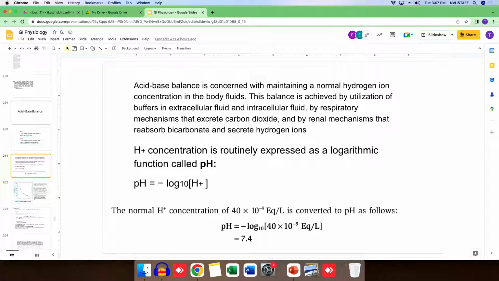So we already mentioned that we have protons, right? And the proton concentration is connected with the pH, and we already know that when pH is high, there is low proton concentration, and vice versa. That's the basics.